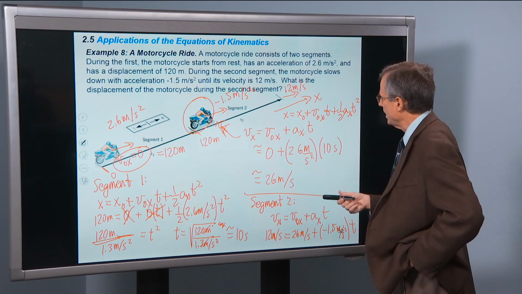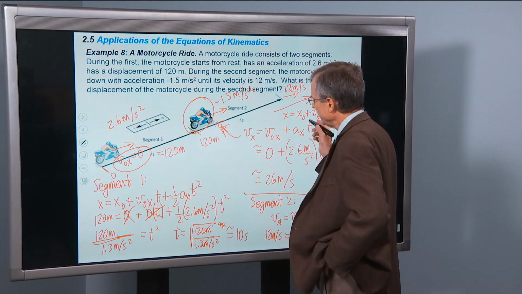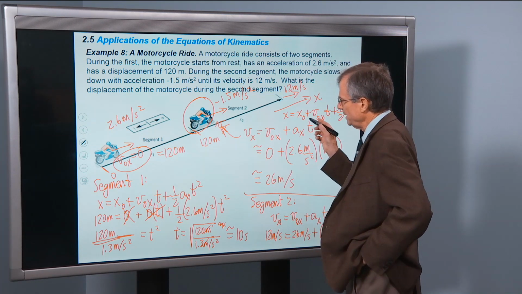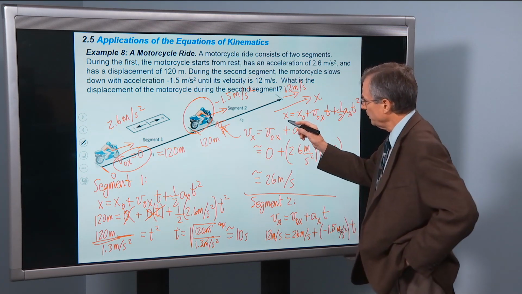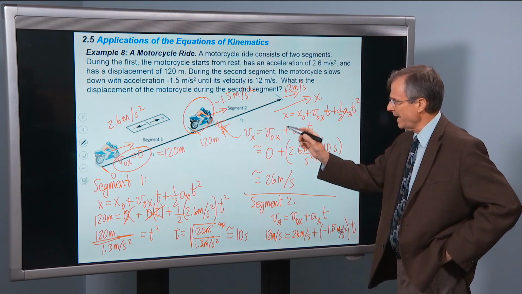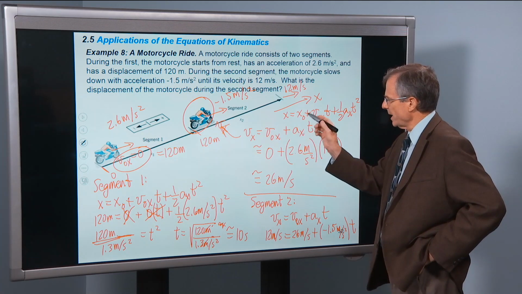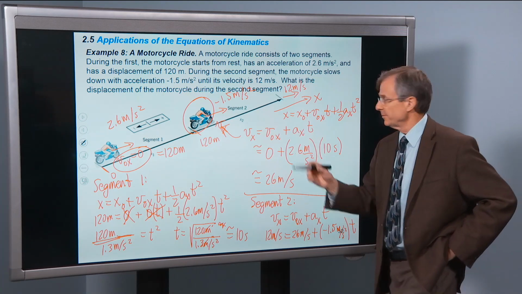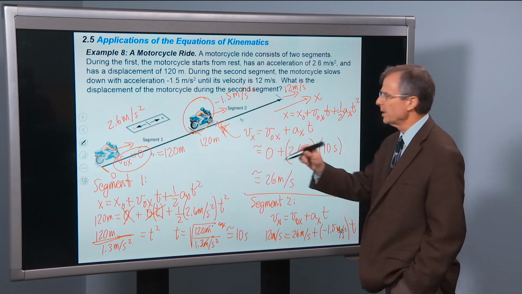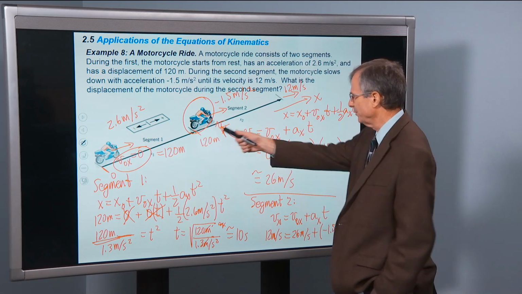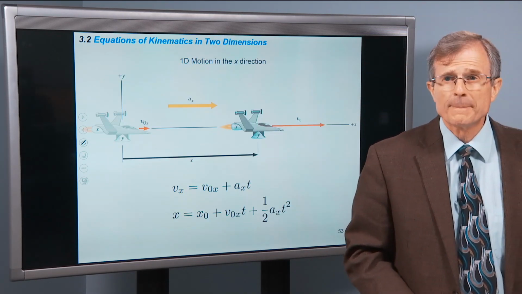You've got x naught, and you can take that to be 120 meters, and that will give you the final distance x. And then I subtract x naught from x to find how far he went. You subtract 120 meters from your final result to find out how far he went during segment 2. That's how to set that problem up.